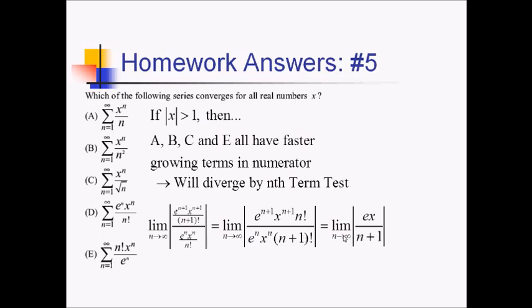And now, as n approaches infinity, the only variable here is n. E and even x are being treated as constants in this setup. Only n is growing. So we have two constants over something that's growing. This is a bottom-heavy function, which means the limit as n approaches infinity on this is 0. Since that's less than 1, that means that this is going to converge for all x by the ratio test, which again allows us to pick answer choice D.